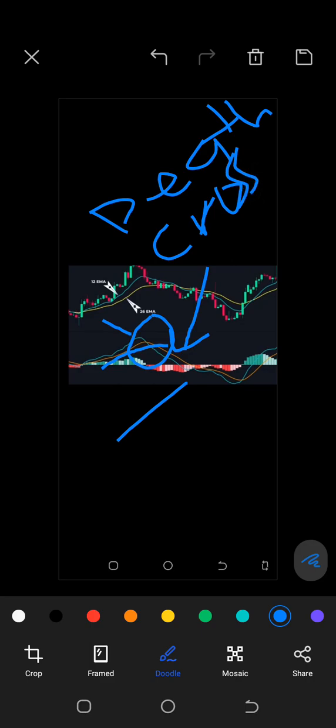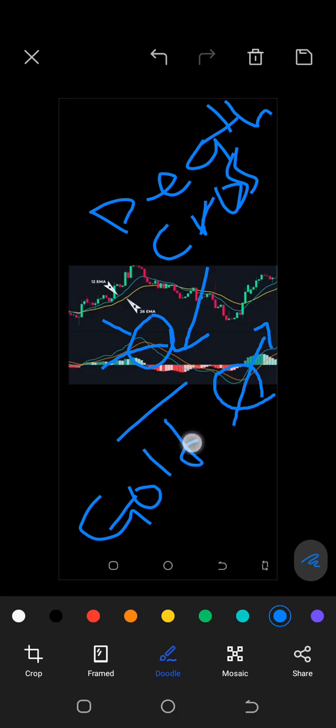And then when we have this cross happening below and moving up, it is called the golden cross, whether below the zero line or above the zero line, upwards, when the MACD line crosses the signal line above.